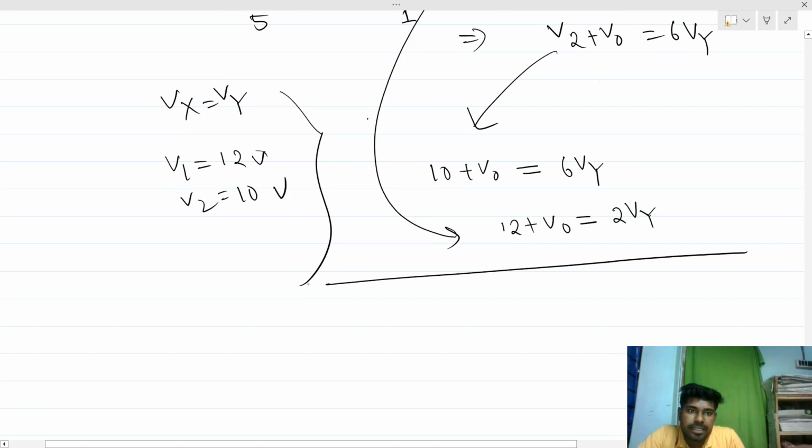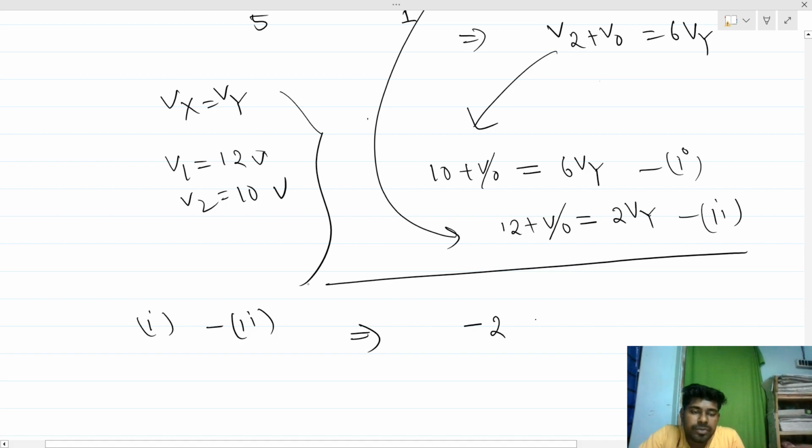So now if I do equation 1 minus equation 2, this cancels, so minus 2 will be equal to 4 Vy, right? Am I doing something wrong?